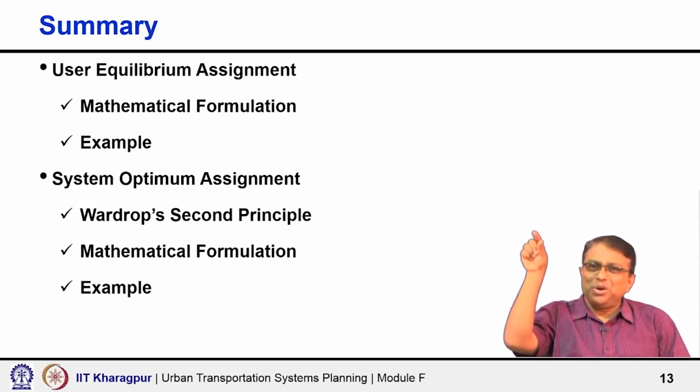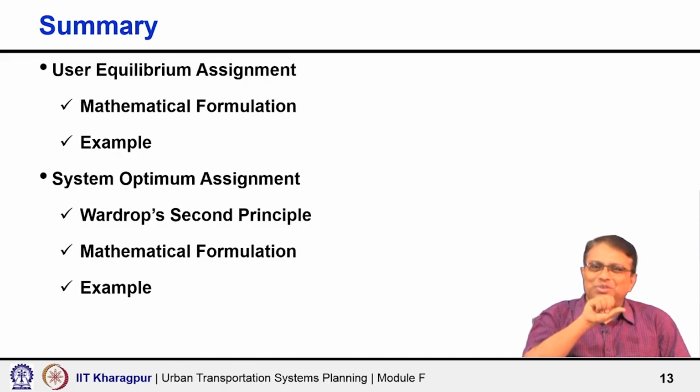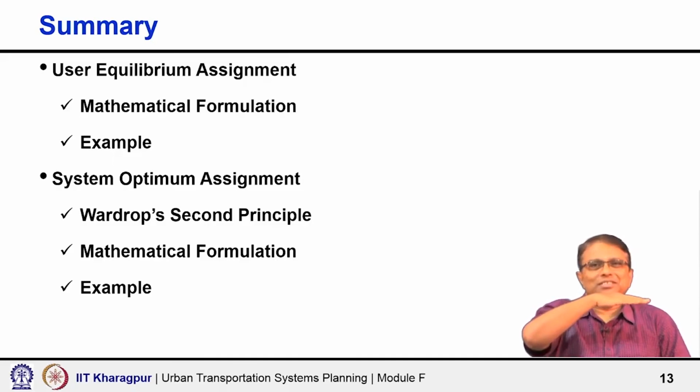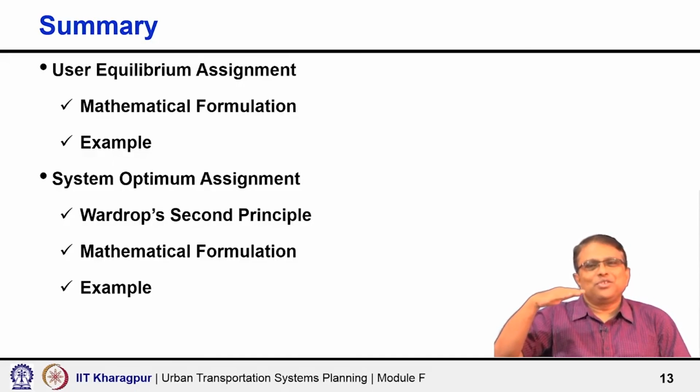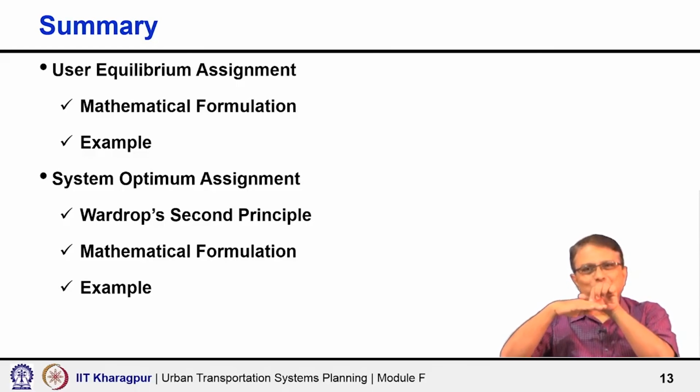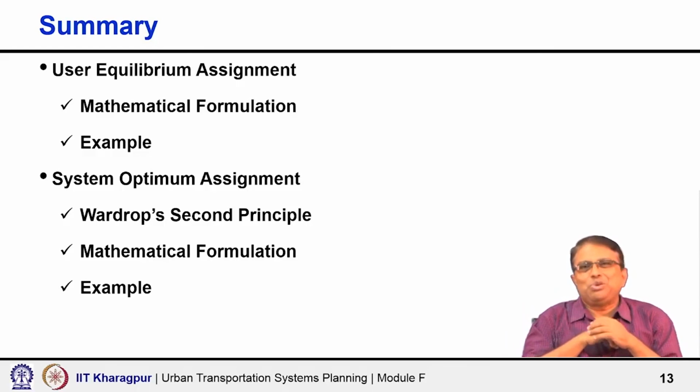So, a small reduction in the volume can give a lot of benefit, whereas on the other road you find this is flat. So, even if we increase the volume, the cost or travel time does not increase. So, what will happen?